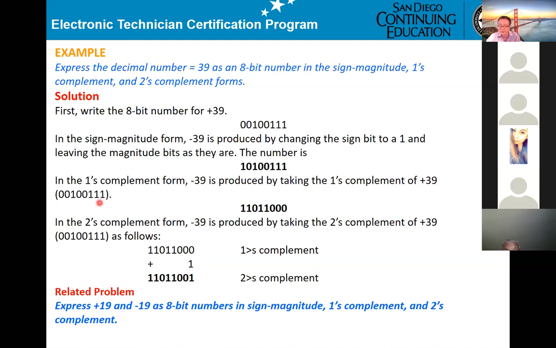And in the second complement, the first bit must be 1. Then for the number 39, you need to convert into the first complement, then you add 1. That's why you get the second complement.